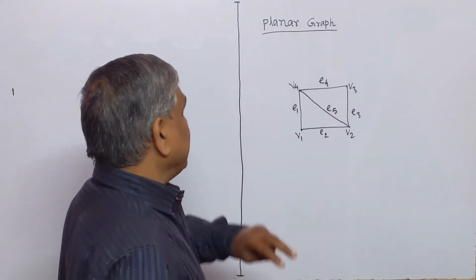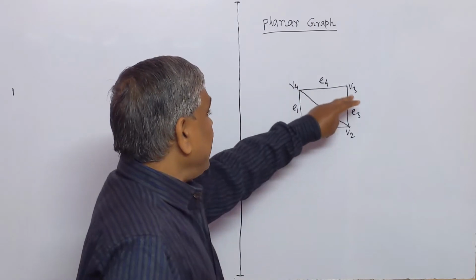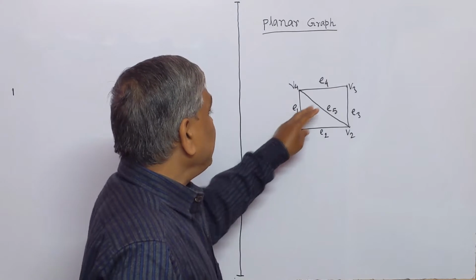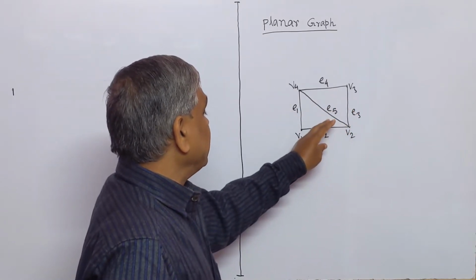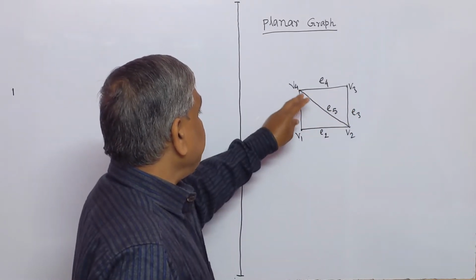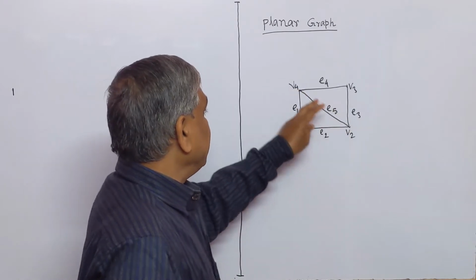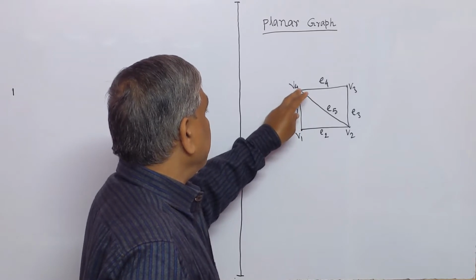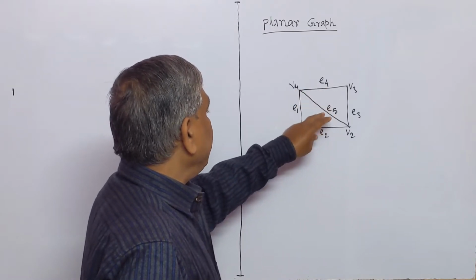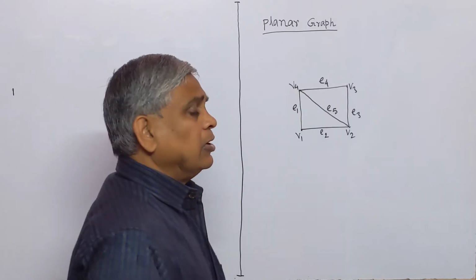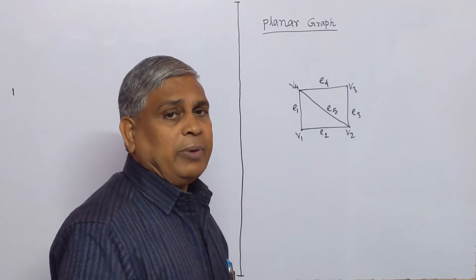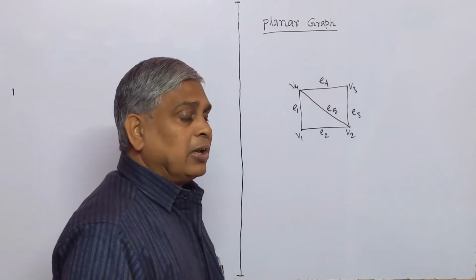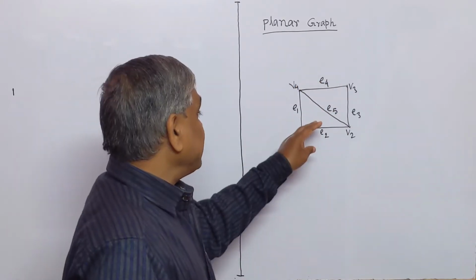Here we see that this graph is drawn on the plane and no edges intersect with each other except at the vertices. Here at the point of vertex V4, E4, E5 and E1 edges will intersect. But except the point of vertices, no edges intersect here.